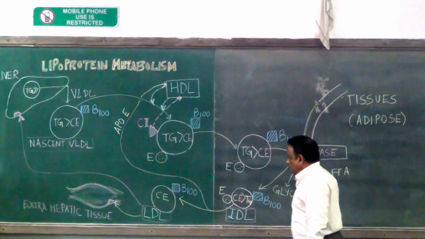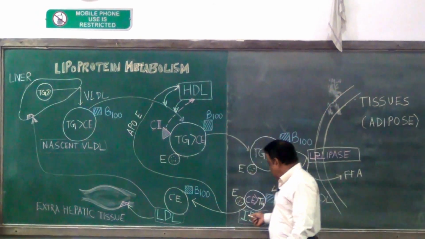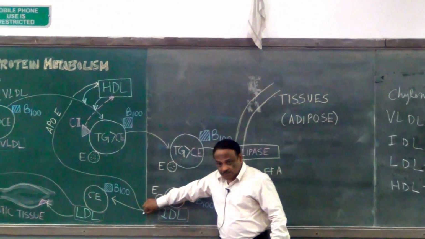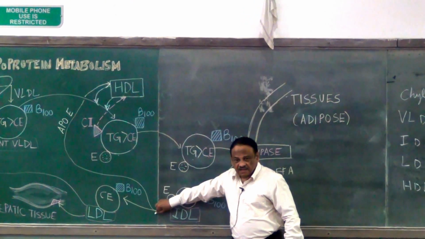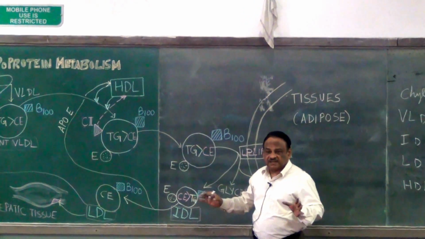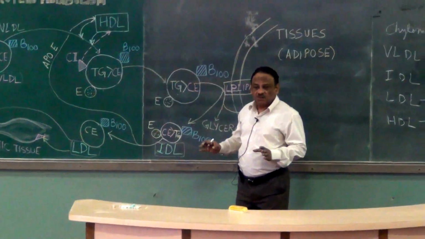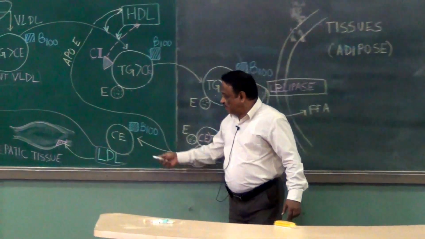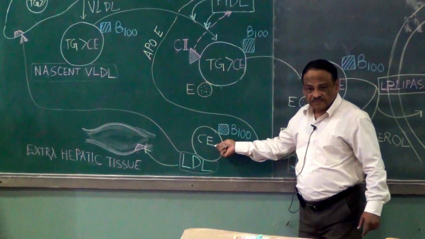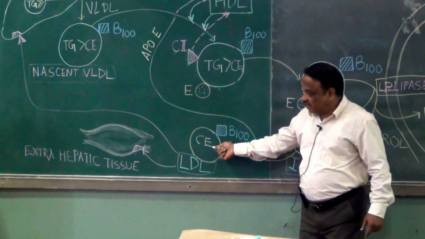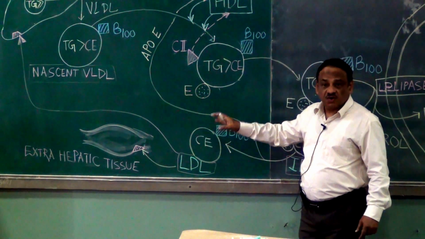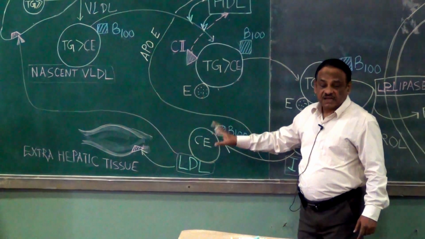Now this IDL further undergoes the action of lipoprotein lipase, and almost complete TAG is removed. What is now left is cholesterol ester. So you can say that LDL, low density lipoprotein, is a cholesterol-laden, cholesterol-rich lipoprotein.